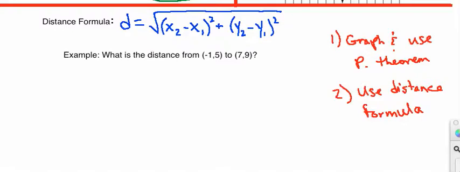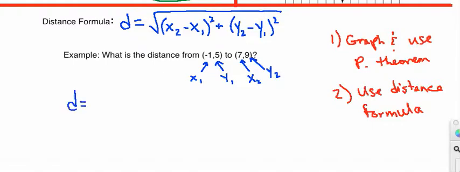So if you can memorize that formula, then it's very useful here when we're doing this example. So here we're going to say this is x1, y1, x2, and y2. And we're going to put this all into our formula.